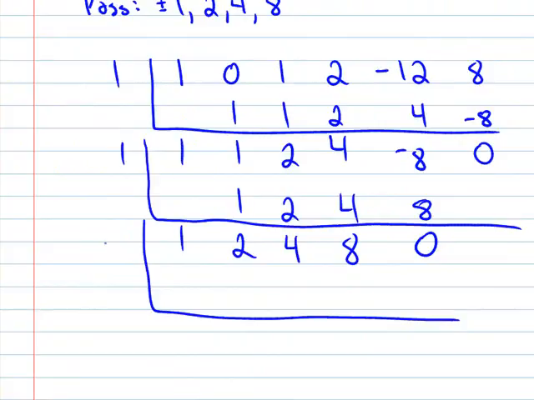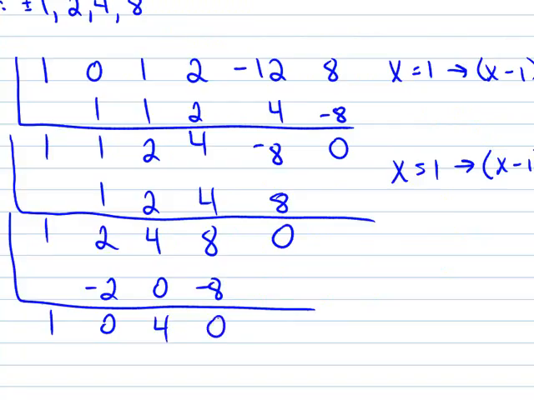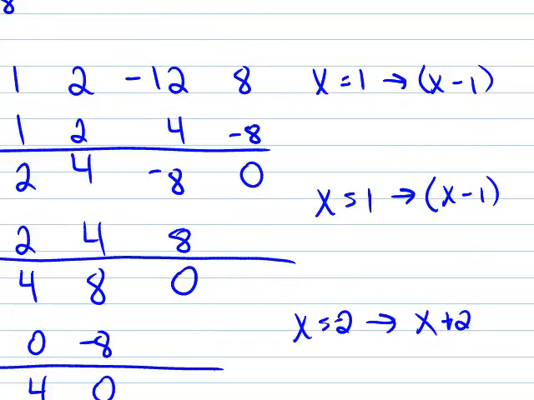Let's try negative, and with a lucky wild guess, I'm going to try negative 2. Multiply, bring down, multiply, bring down. Okay, so negative 2 is a zero, which means x plus 2 is a factor.